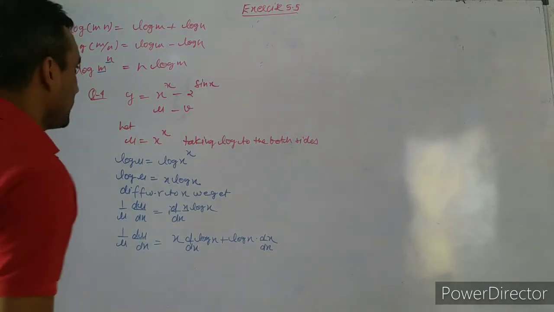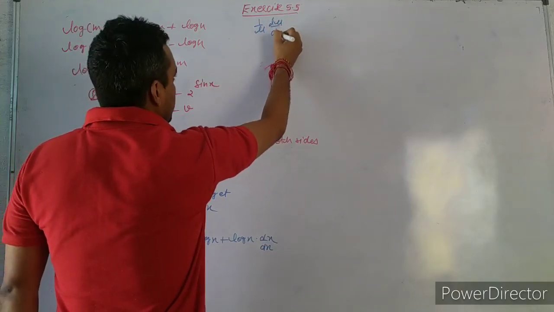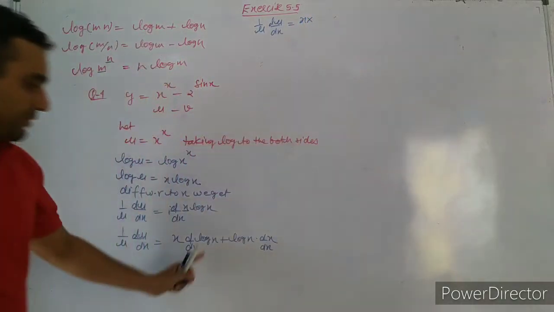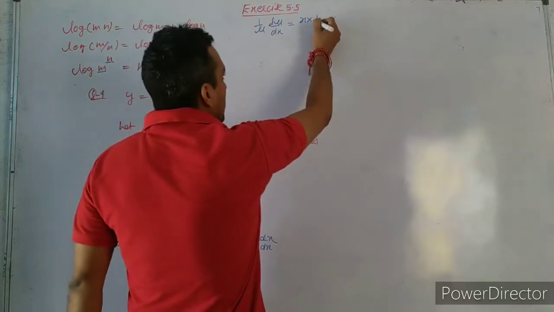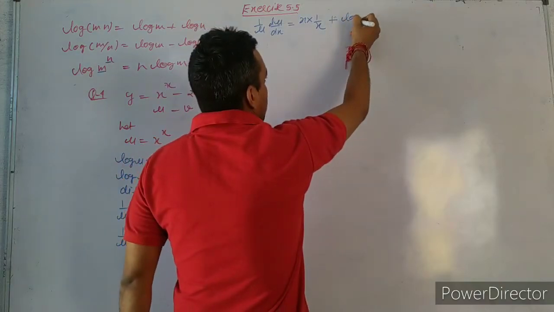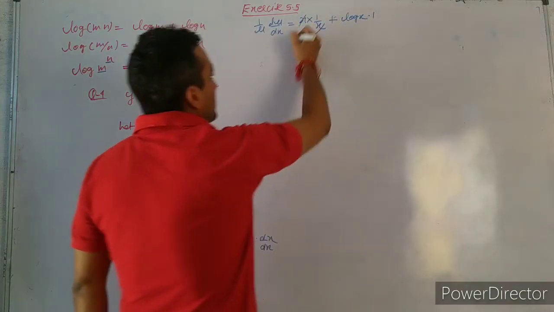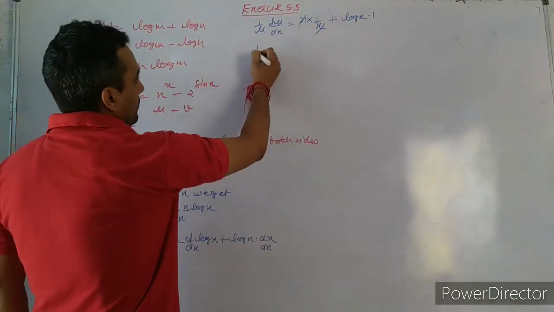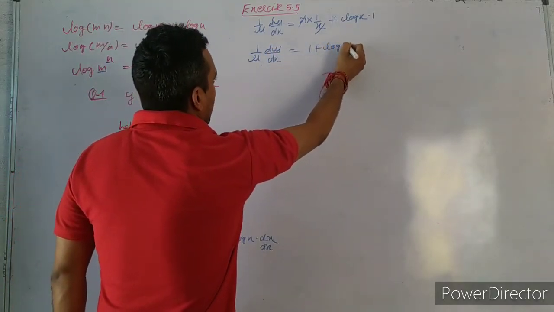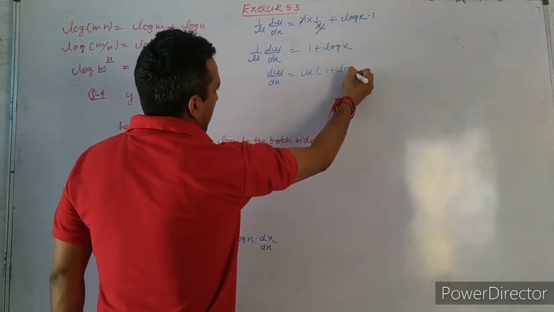So 1 upon u du upon dx is equal to x remains as it is, and the differential of log x gives 1 upon x, plus log x remains as it is, and the differential of x gives 1. x is cancelled by x, so 1 upon u du upon dx is equal to 1 plus log x, or du upon dx is equal to u times 1 plus log x.